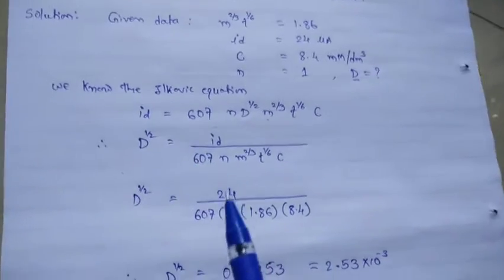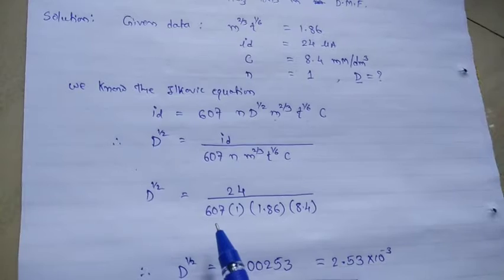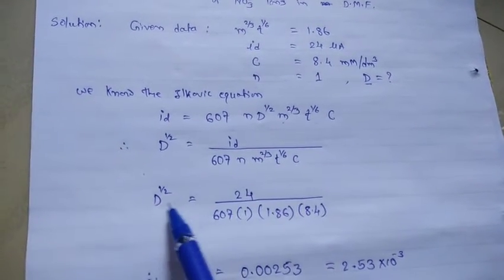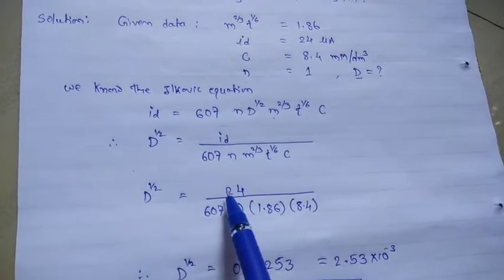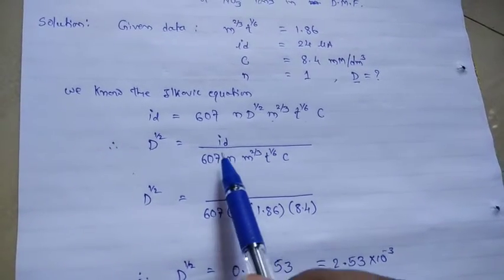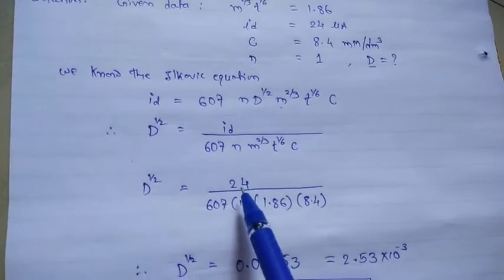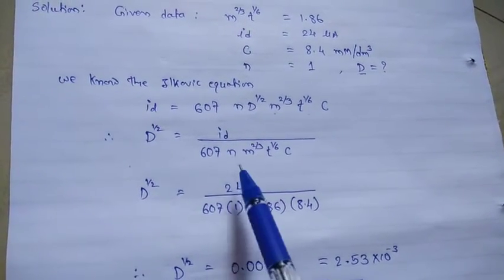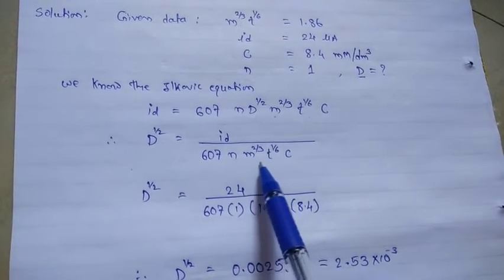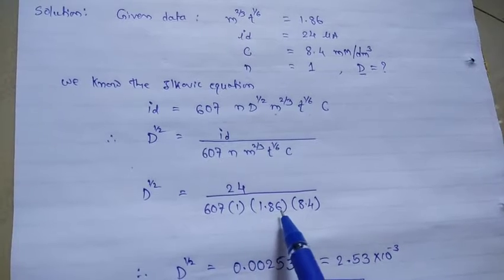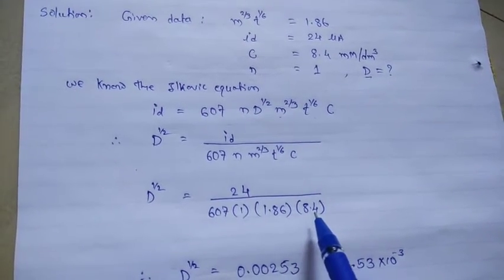So after modification we have to substitute all the terms or the parameters which we know. So here d raised to half is given by 24, id is given, that is 24 microampere, we have taken here, and also the value of n is 1, and the capillary coefficient value is 1.86, and this c, that is the concentration, is given here as 8.4.